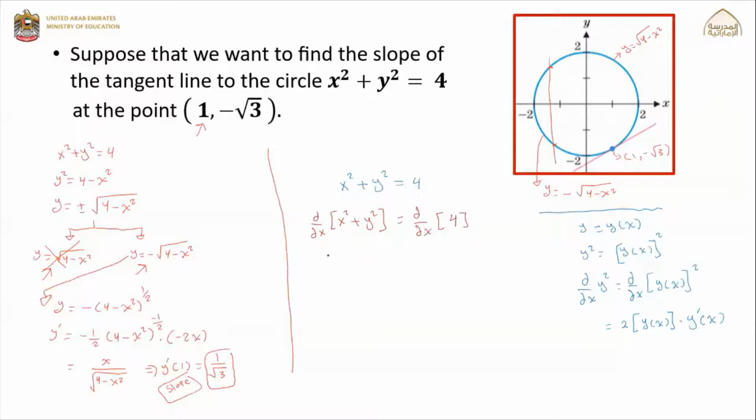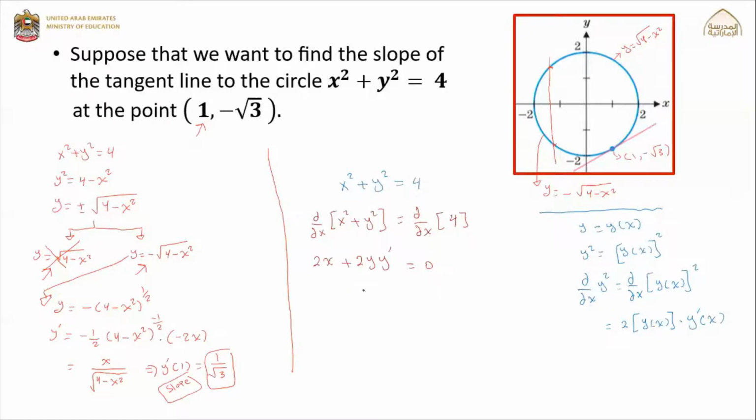The derivative for the left side is 2x plus the derivative of y squared, which, as I explained, is 2y prime. And the derivative of 4 is 0.